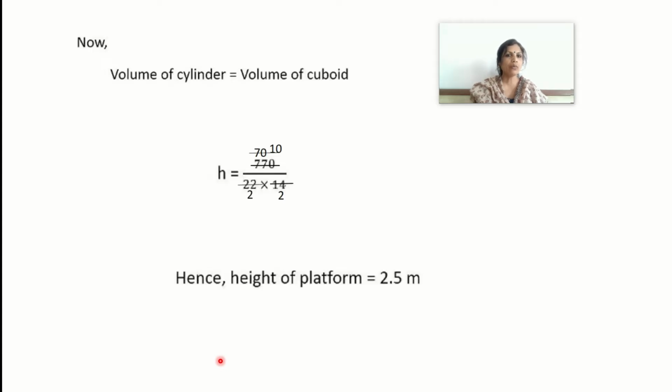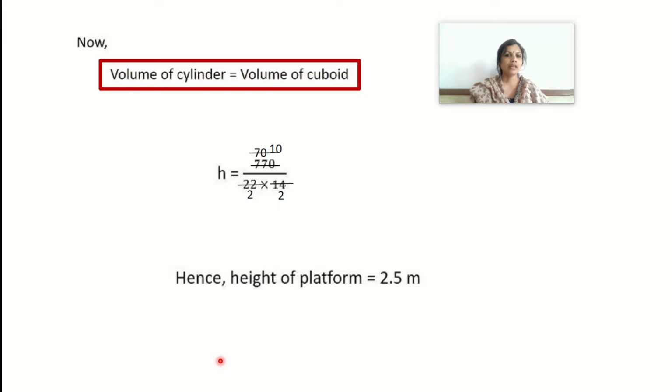Let's equate the values, and after equating the values we get 770 is equal to 22 into 14 into H. So now let's find out the value of H, and for that we will write 770 upon 22 into 14.